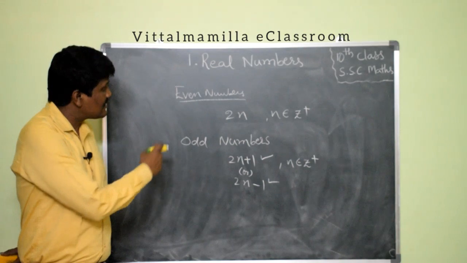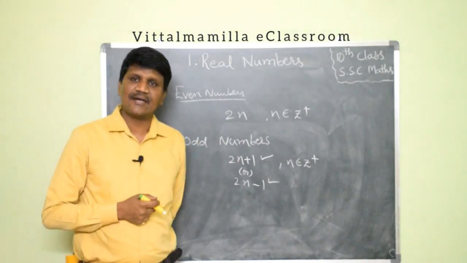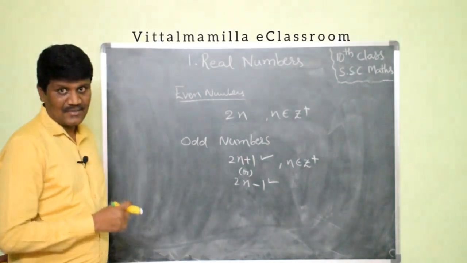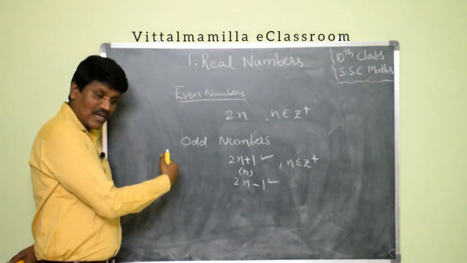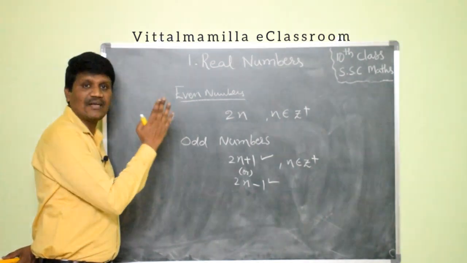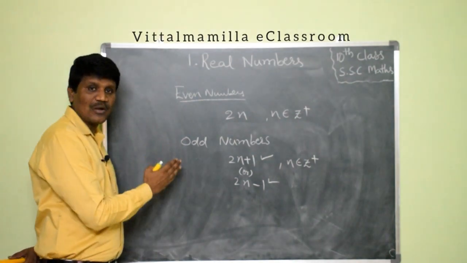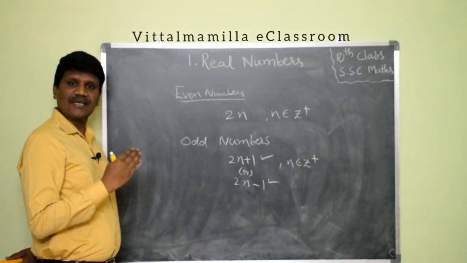Based on even numbers and odd numbers, one question was asked in the March 2018 exam. The question asked is, which one amongst the following is the general form of an even number?